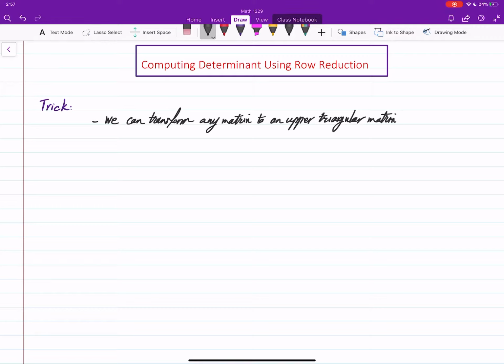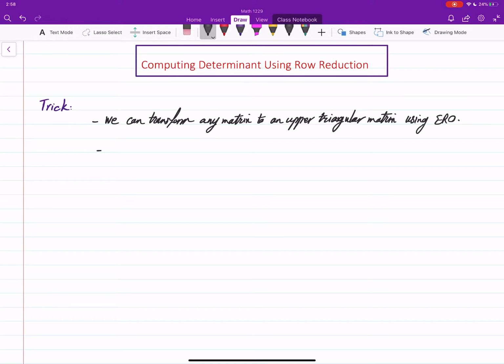Well, an example of that is reduced row echelon form, but reduced row echelon form needs a lot of work. You don't need to go that far. You can transform any matrix to an upper triangular matrix using elementary row operations.